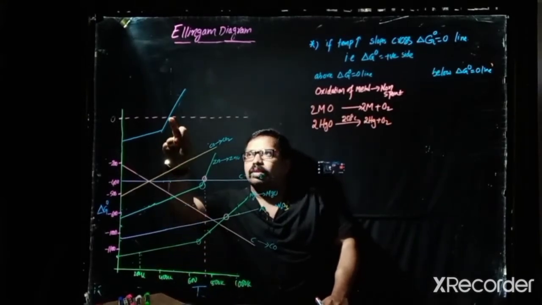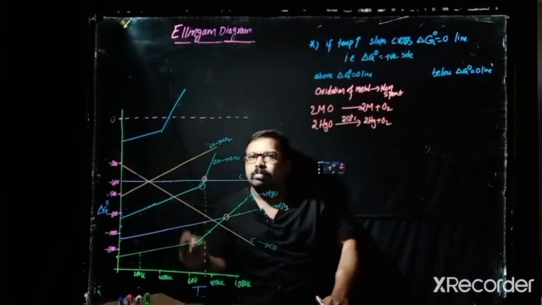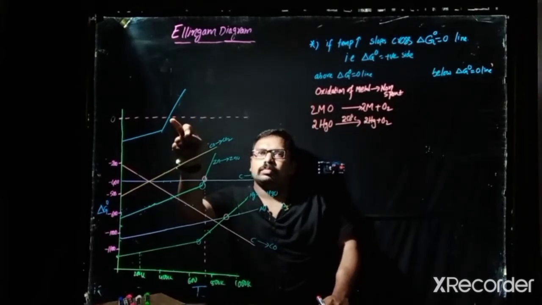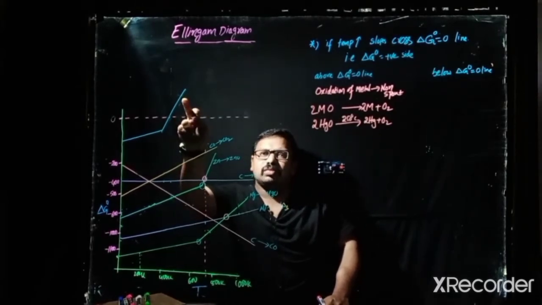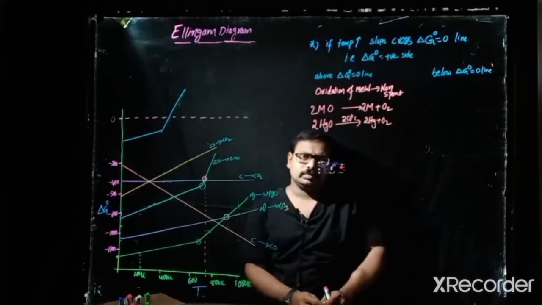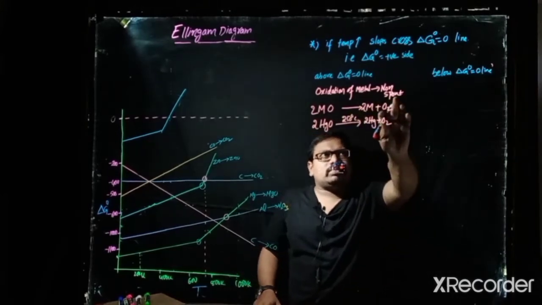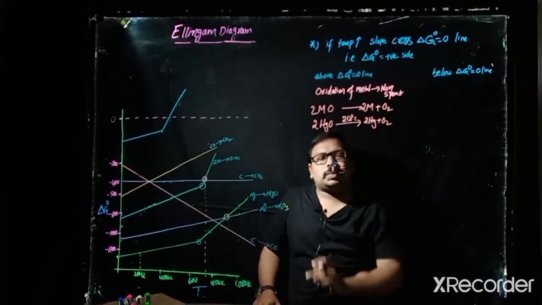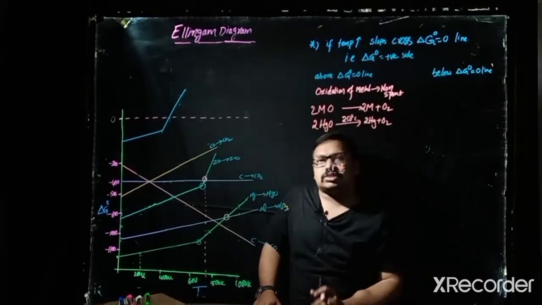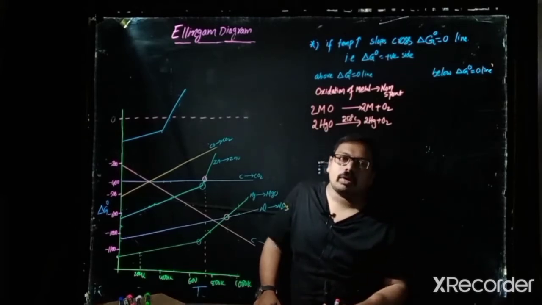For understanding purposes, at low temperature, delta G naught is on the positive side. That is the reason no special reducing agent is required. The oxidation of metal is non-spontaneous, and this oxide is unstable, so at sufficient temperature it splits into metal and oxygen.